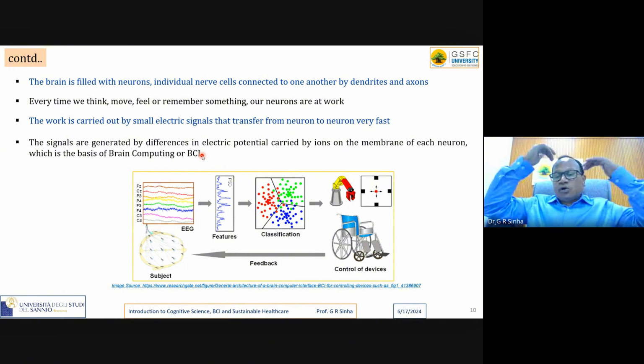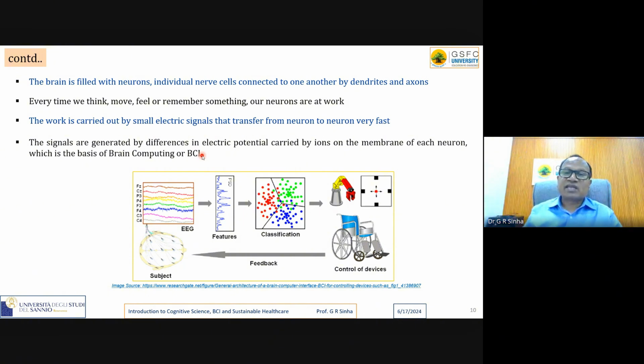Because there are different electrical potentials, voltages produced by the ions or membranes of each neuron, and the difference between adjacent neuron potentials is called the potential difference, right? And that is generated as electrical potential, which is the basis of brain computing or brain computer interface. So let's understand it very easily. This is very interesting.